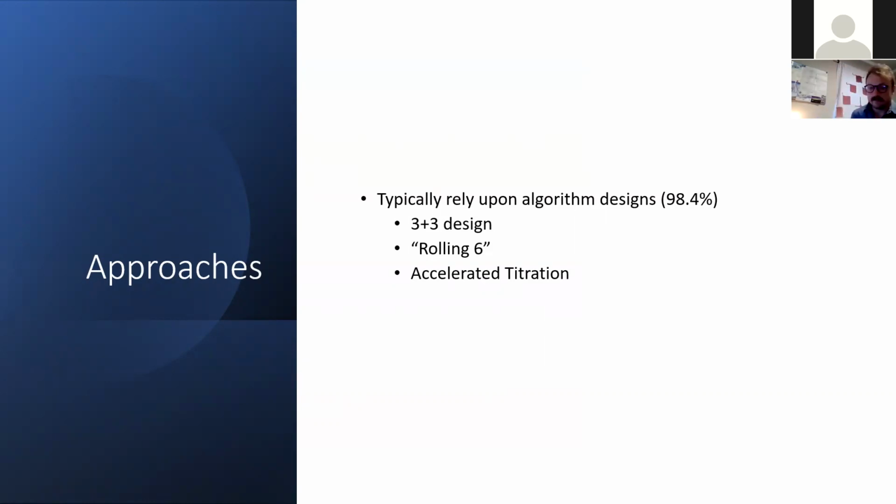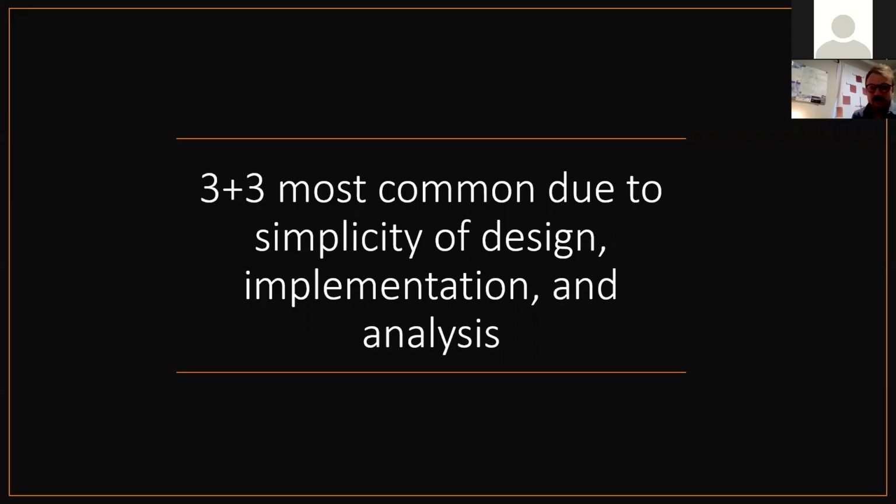So the vast majority of trials, at least within the last 10 years or so, were relying on these designs. And the reason is the 3+3 is very simple to use. It's very simple to implement, and the analysis itself is very simple. It's rule-based. There's no statistical models. That's very transparent, and it's societally accepted. Obviously, with 98% of trials using that.